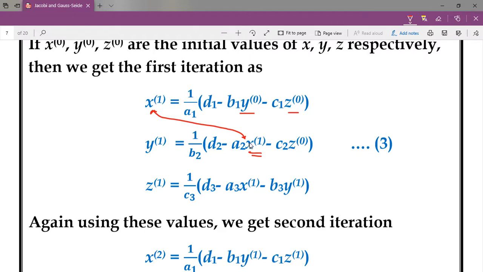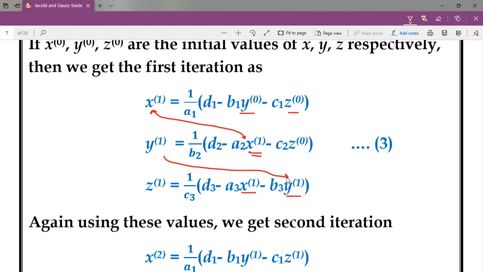So that is the difference between Gauss-Seidel and Jacobi. Right. So here also, while finding y1, we are using x1, which is the latest root we already have, instead of x naught. For z naught we don't have a latest root, therefore we keep it as it is. While finding z1, we use the latest roots x1 and y1. Okay.